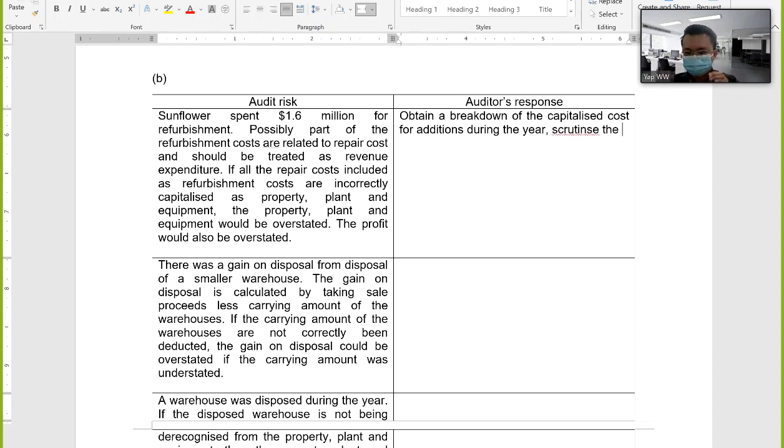Scrutinize the capital expenditure to confirm no revenue expenditure being capitalized. Okay, so you'll find that my auditor response is more or less the same as the substantive procedures. But you have to write the relevant procedures for the correct assertions.